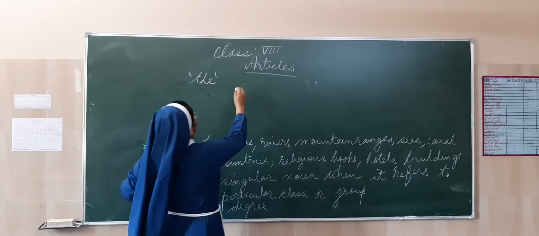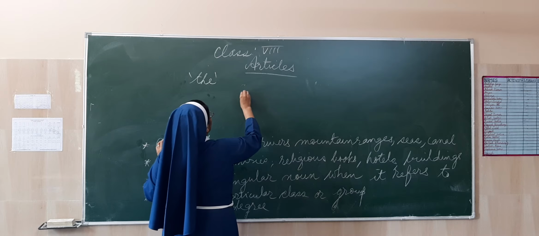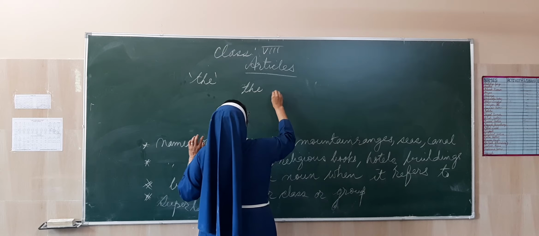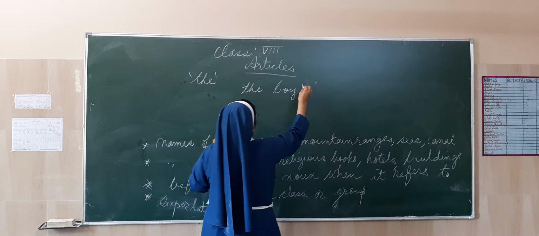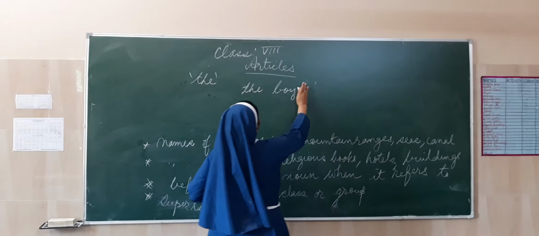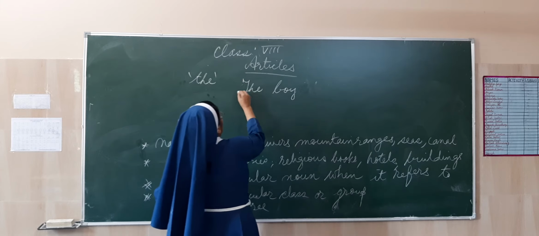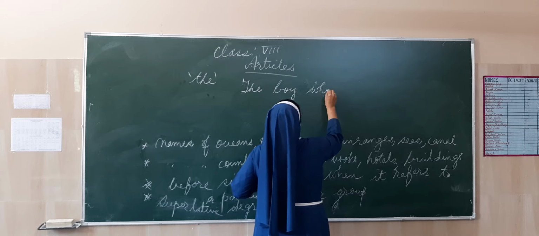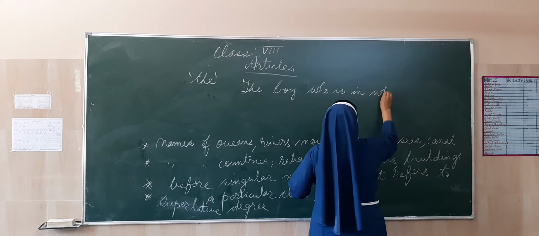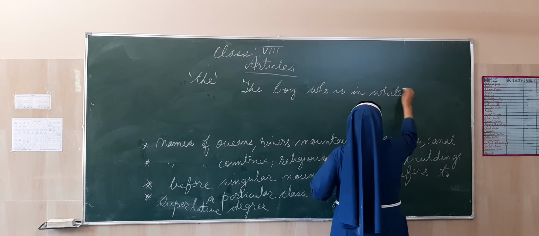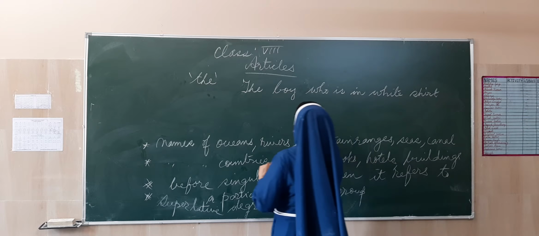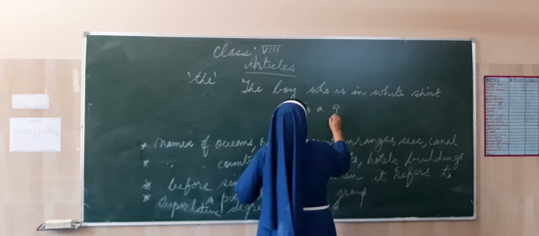Now here for example, I say the boy. If I say the boy, I am particularly mentioning a particular boy. For example, I write here: the boy who is in white shirt is a good boy.